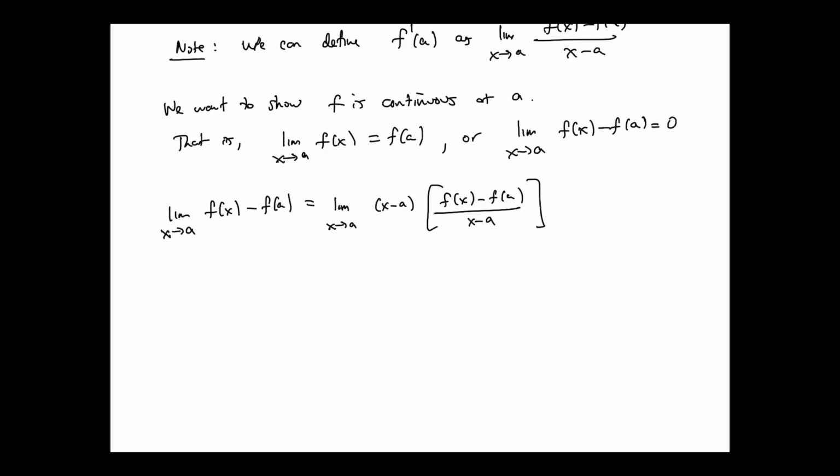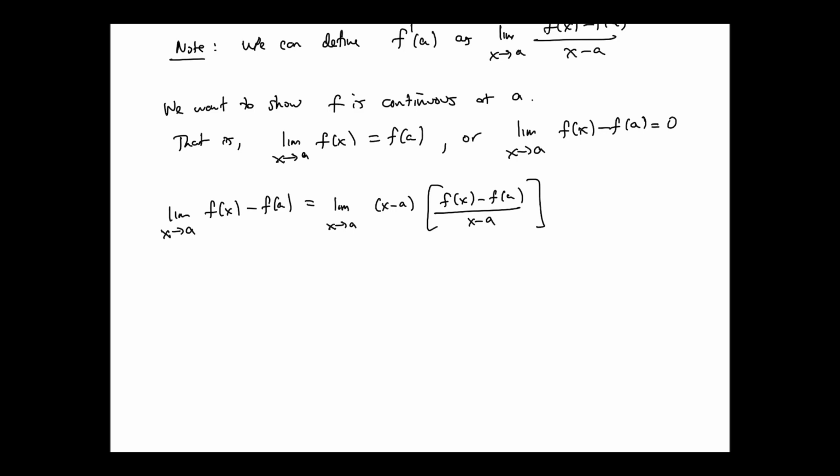Okay, now, I've got a thing in parentheses and a thing in brackets, and I'm multiplying them, and then I'm taking the limit of them. Well, what's true about the limit of a product? Is it the same as the product of the limits? Yes.